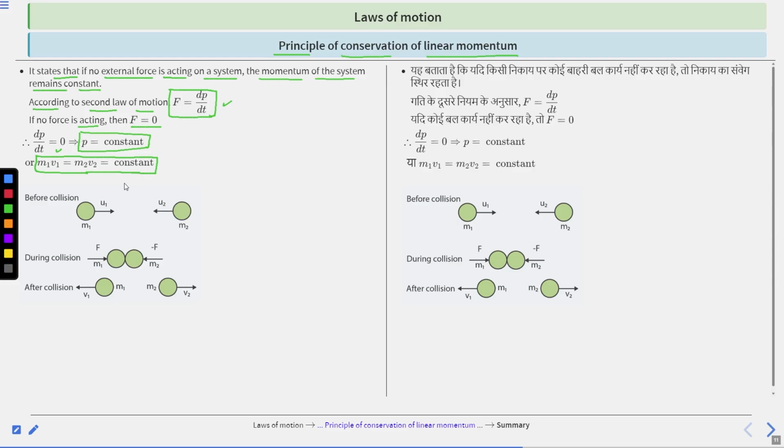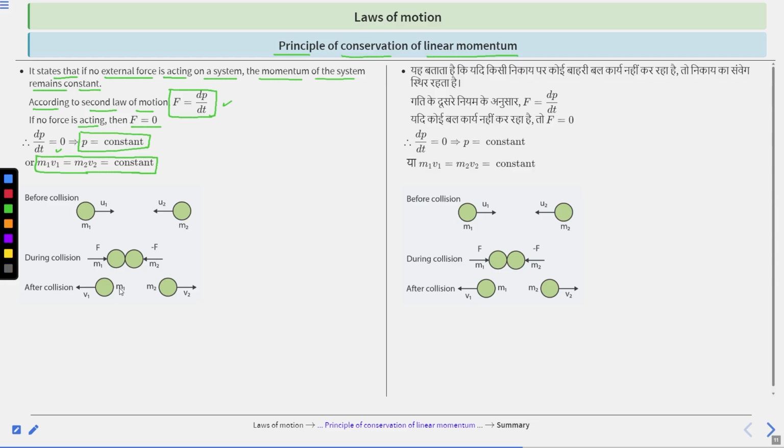We can understand it from this diagram. Suppose the mass of this body is m1 and its initial speed is u1. Similarly, the mass of this body is m2 and its speed is u2. This is before collision. During collision, mass m1 experiences force f1, and mass m2 experiences the force with a negative sign because it acts in the negative direction.